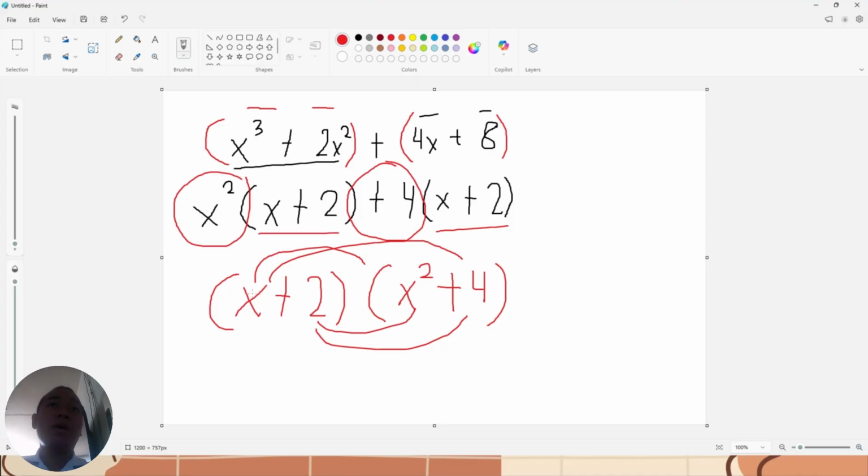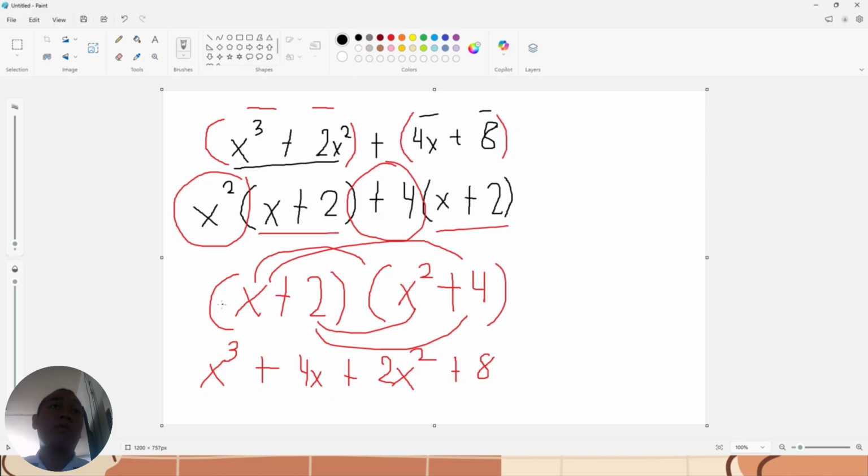For example, x times x squared is x cubed, plus x times 4 is 4x, plus 2 times x squared is 2x squared, and 2 times 4, which is 8.